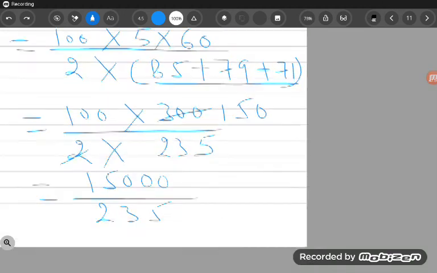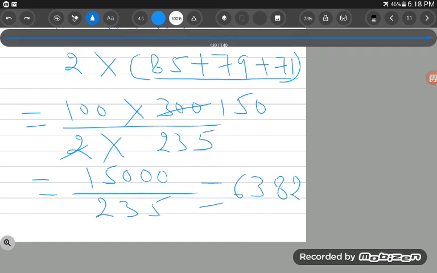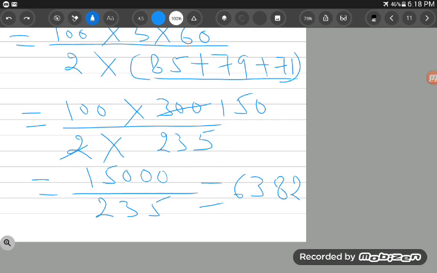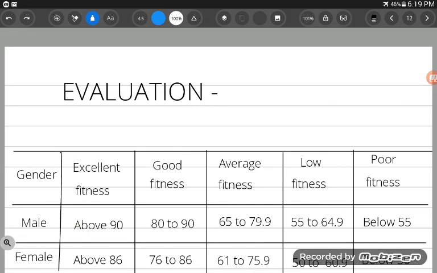When you calculate it, you will get 63.82. Again, you will check the index provided by Brouha in the Harvard step test.